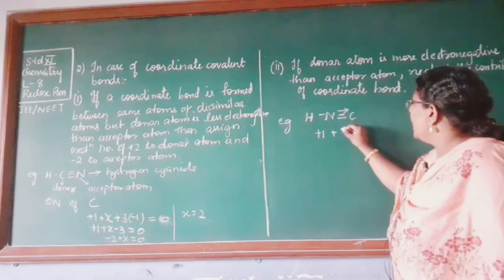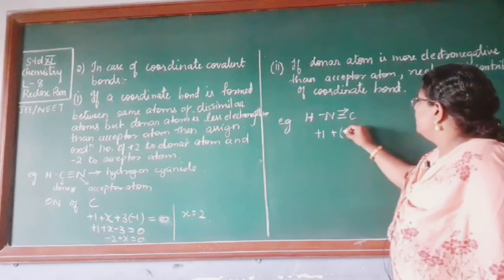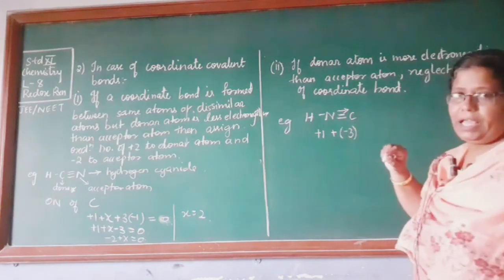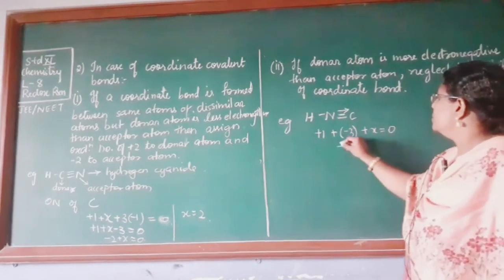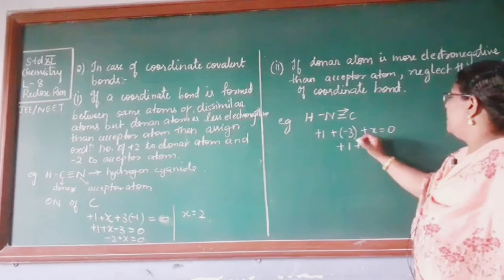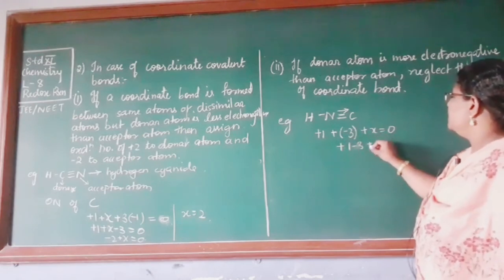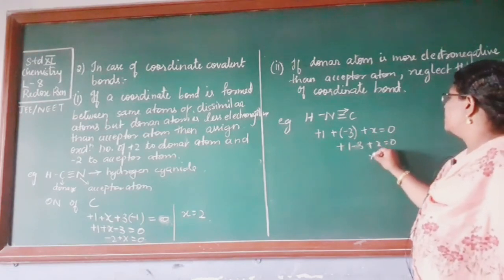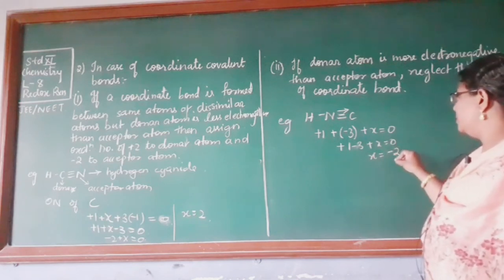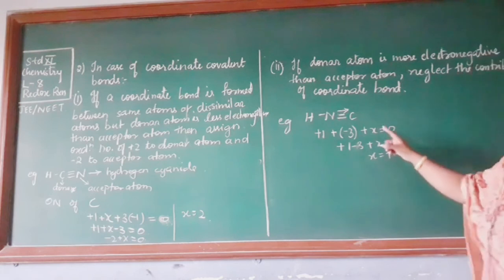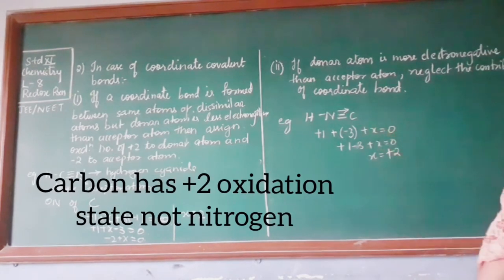So you should have your nitrogen का oxidation state, it should be taken as -3, then plus x equal to 0. So it is +1 -3 plus x is equal to 0. So x should be equal to +2. So in this case carbon should have an oxidation state of +2.